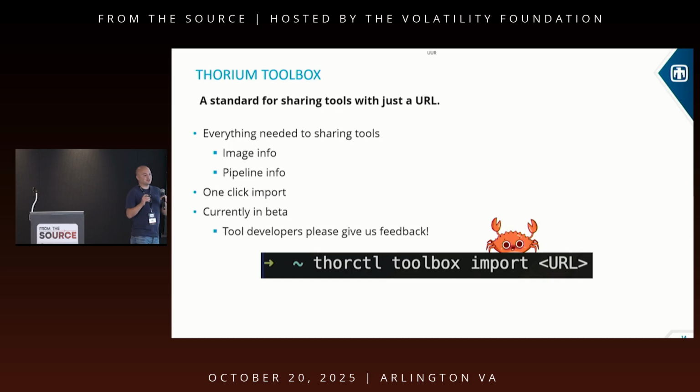So that's still good, but trying to give people tools is still kind of a giant pain. Trying to get a brand new instance up is still kind of a giant pain if you've got 50 tools. We have built to solve that problem a tool import capability where you can basically put a JSON file in your GitHub that will tell the system, hey, this is my Docker image.